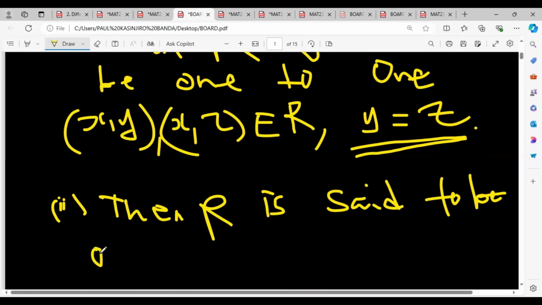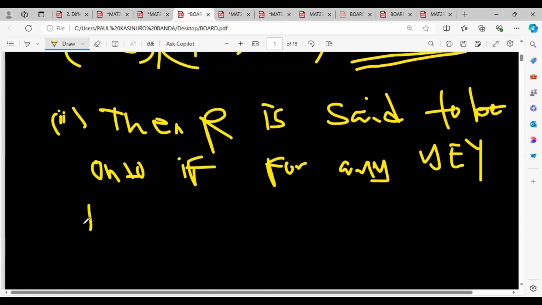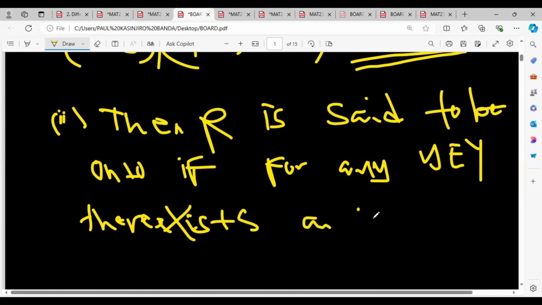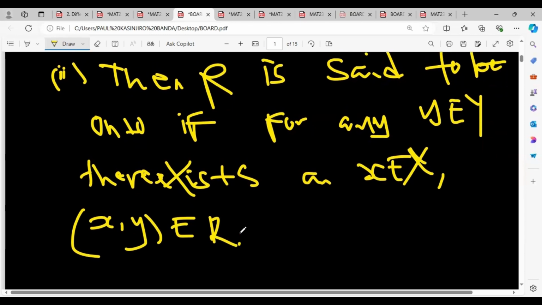R is said to be onto if for any element Y that is a member of the set Y, there exists an element X in the set X such that the coordinate (X, Y) is in the relation R. So that's the definition of an onto relation.